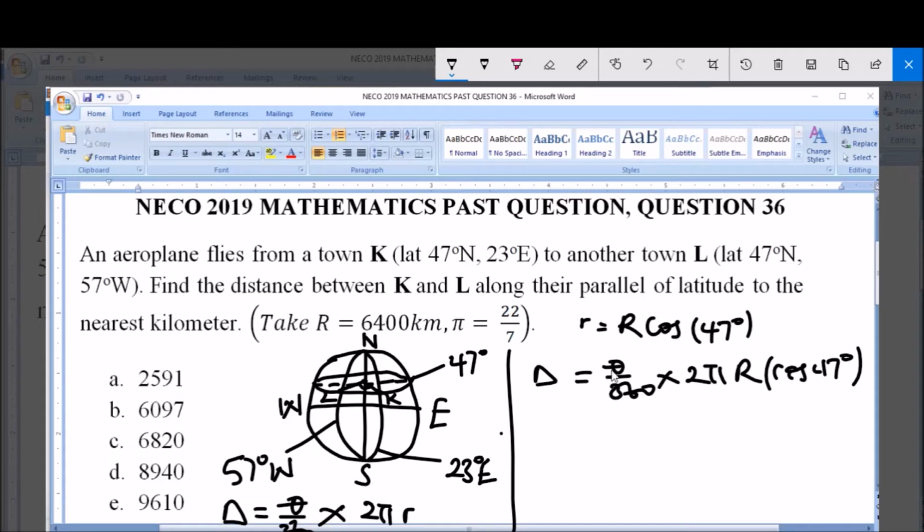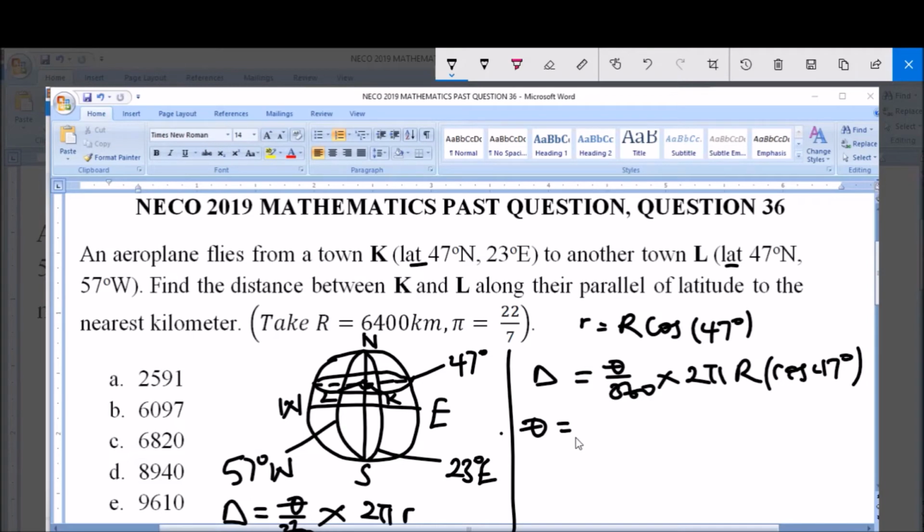Now theta here: town K is on longitude 23 degrees east, and town L is on longitude 57 degrees west. They are on the same latitude. Because of the difference in direction, west and east, we add these longitudes together.